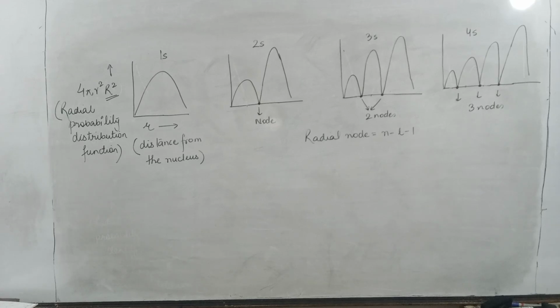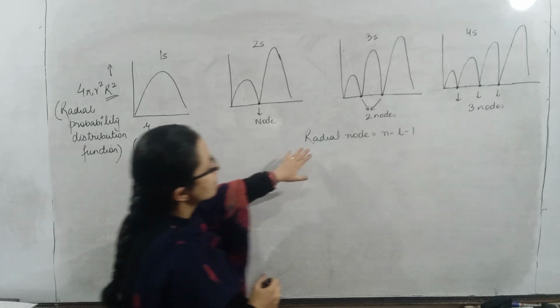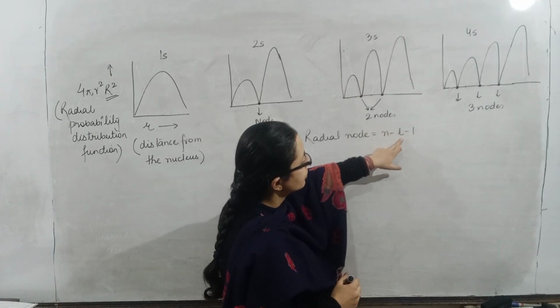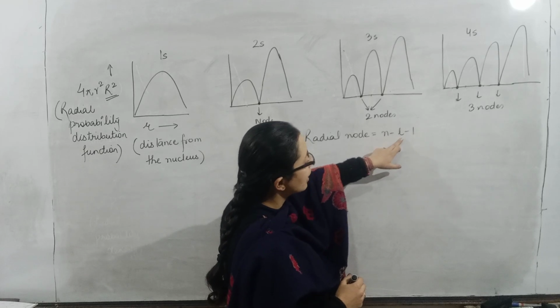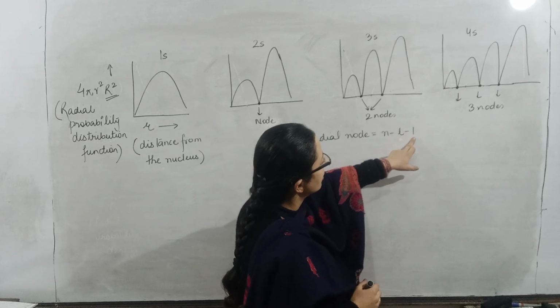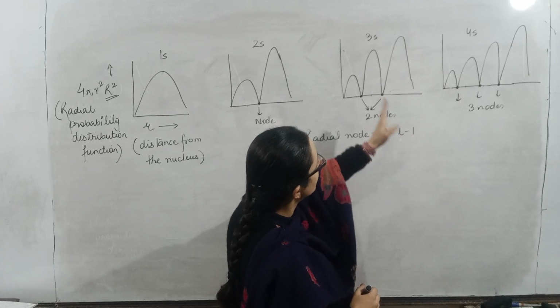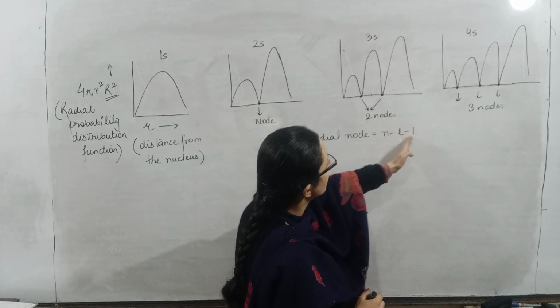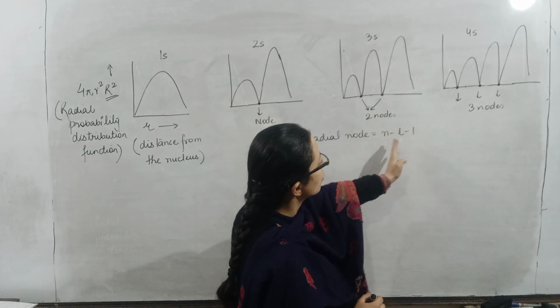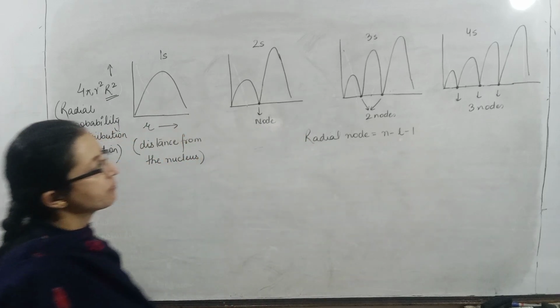एंड द नंबर ऑफ नोड्स, we can calculate from this formula. For s orbital the l value is 0. So l का वैल्यू तो 0 लेंगे. ठीक है, क्योंकि s orbital है. So n minus l minus 1. So if n is 3, the total number of radial nodes will be 3 minus 1, 2. If n is 4, the total number of radial nodes will be 4 minus 1, 3.